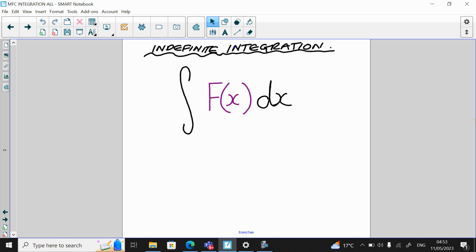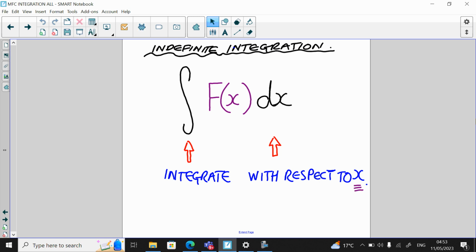That can be like sine x, x squared, 2x plus 5, e to the 9x. And we're going to integrate that in relation to x. That's what the dx means: integrate with respect to x, whatever's between them. So they're like bookends here. That's what we're going to integrate.